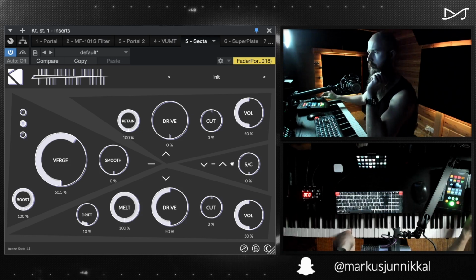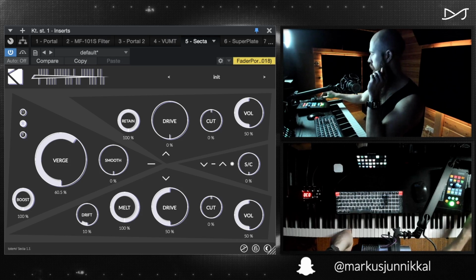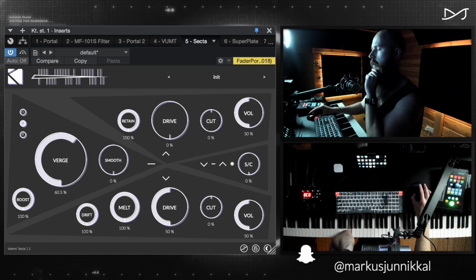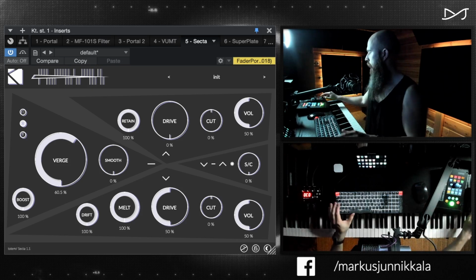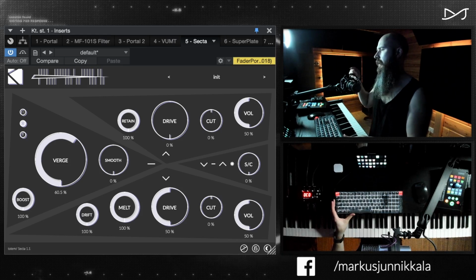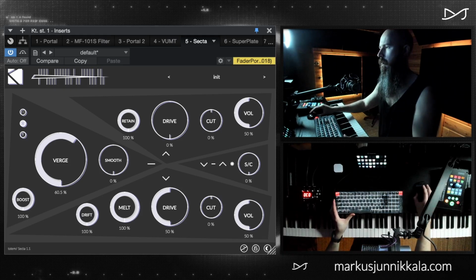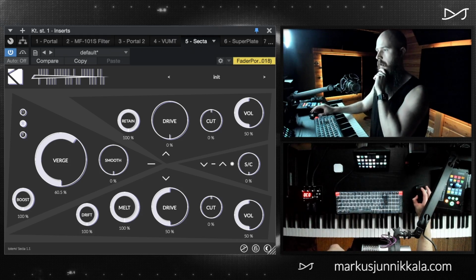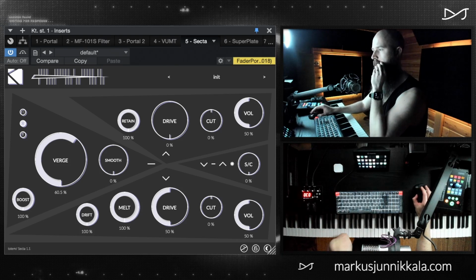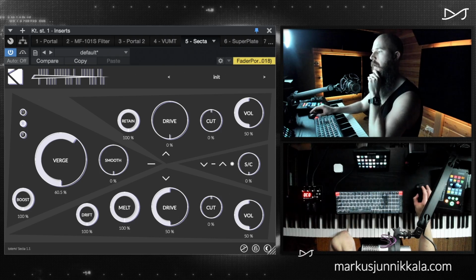Yeah, the melt control, definitely audible. Really liking that with the drift control, which again pitches or fluctuates the pitch. Well, it says short randomic delay, inject tuning instability.